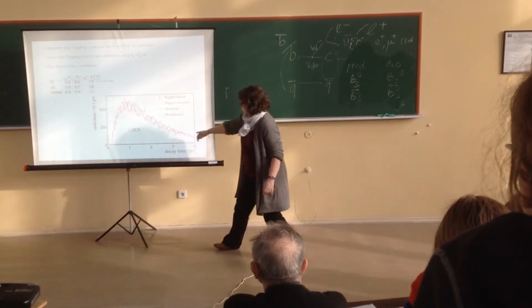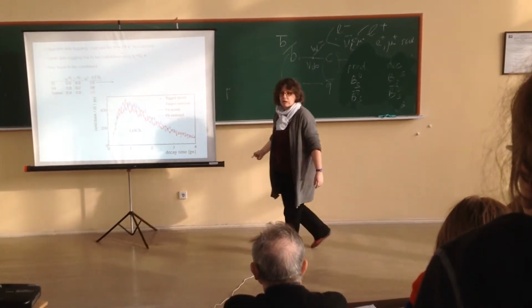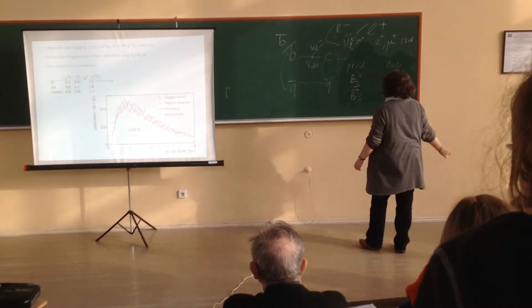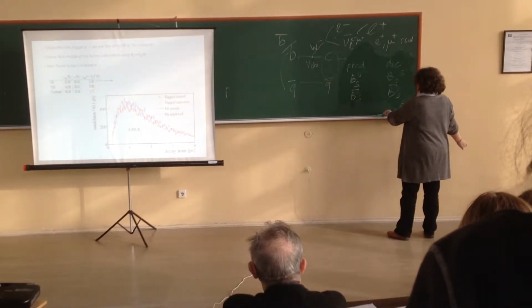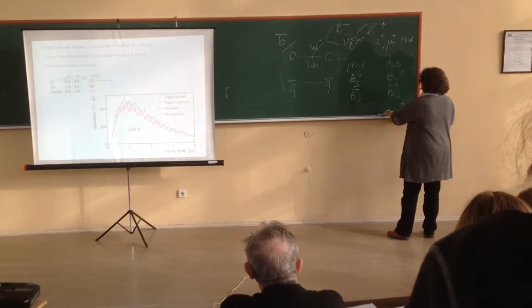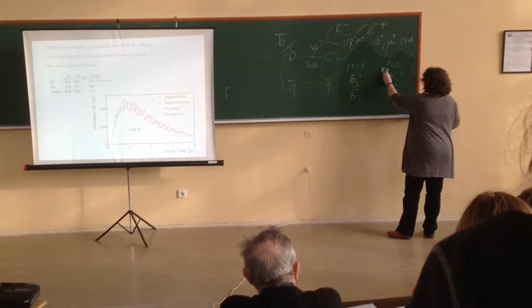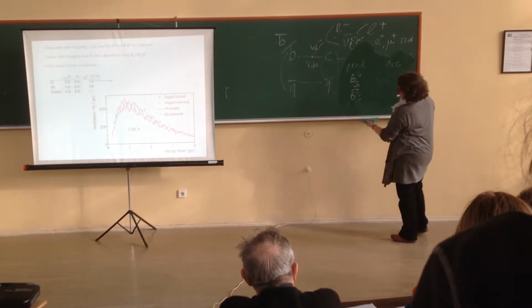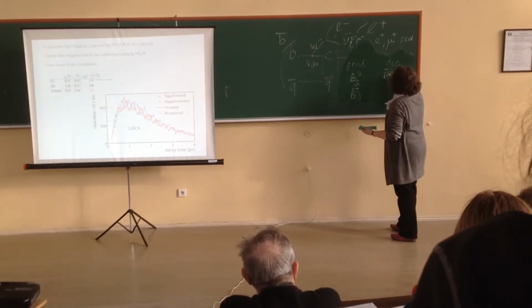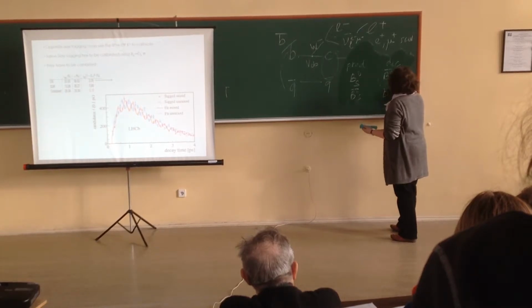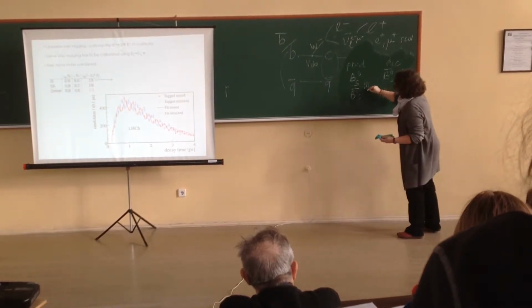These are the blue points. And if it's mixed, the red ones, then it produces a B0s and decays as a B0s bar, and here a B0s bar decays as a B0s. This is the mixing case.